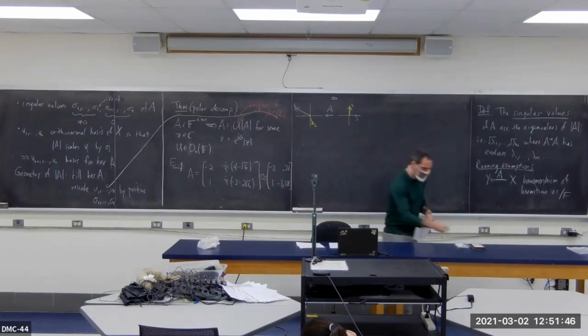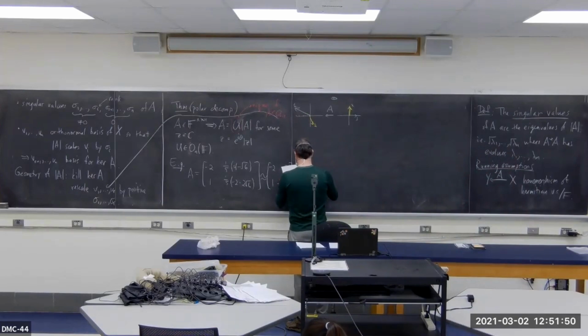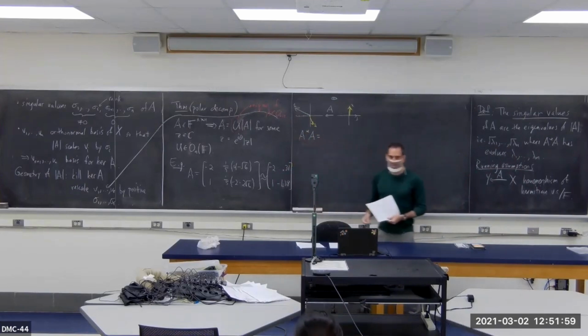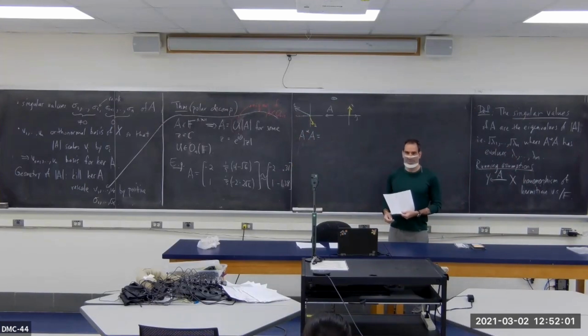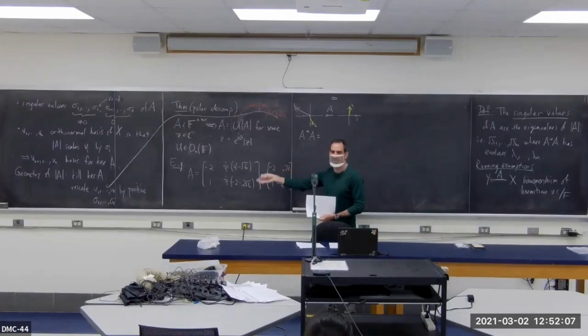So what is A star A? Do you want me to actually do this computation or just tell you what the answer is? Just tell us. Because doing it's not that hard. It's just multiplying a bunch of things with square roots and things cancel.